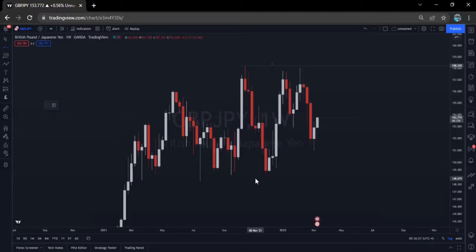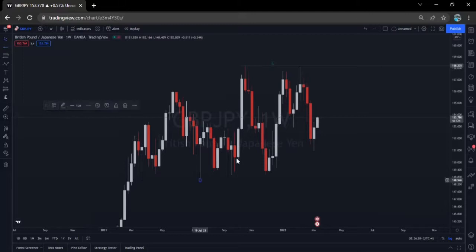Because we know that on JPY, we are bullish in the long run. All XXXJPY pairs, from all the time that we've been monitoring, we know that in the long run they are all bullish, right? So let's get that out of the way.